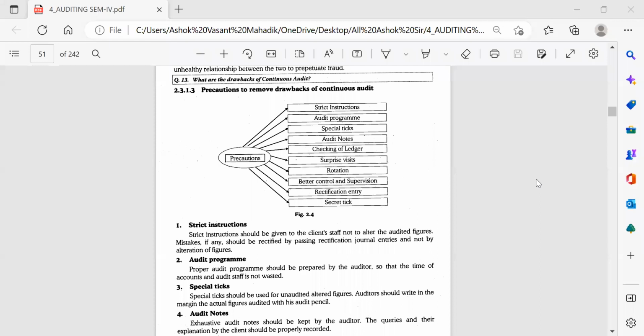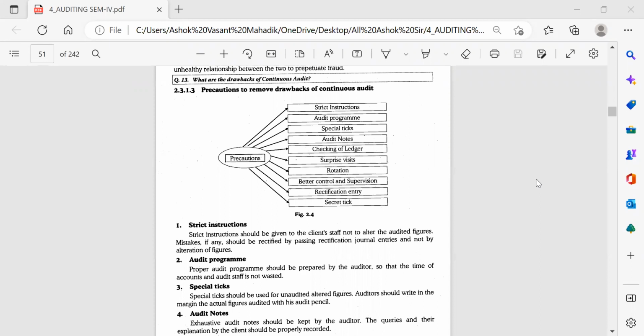The auditor preparing it should make it in such a way that everything is covered and there is less possibility of fraud and error. We'll be studying it later on; it is a good concept and should be adopted by the auditor appropriately. Special ticks: the auditor can use special ticks while conducting audit, of which the accountant may not be aware. So if the accountant does anything wrong, he'll be caught due to these special ticks.